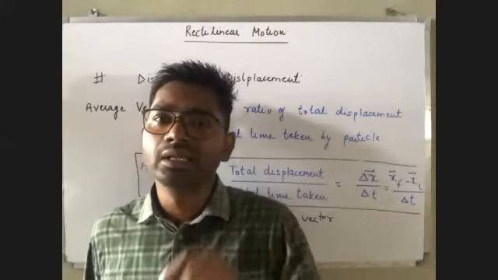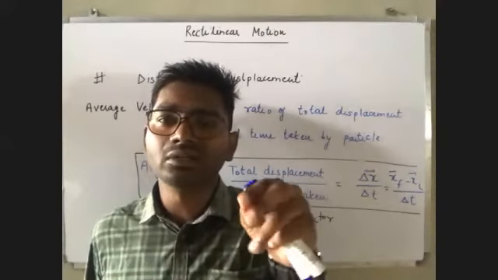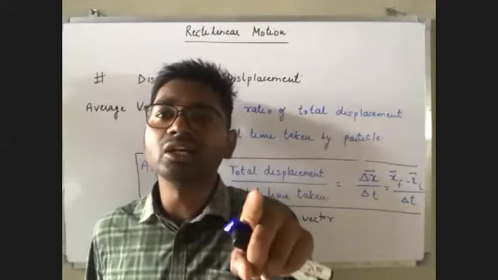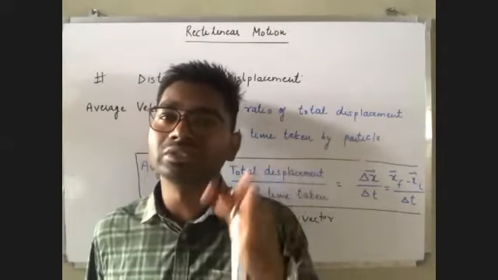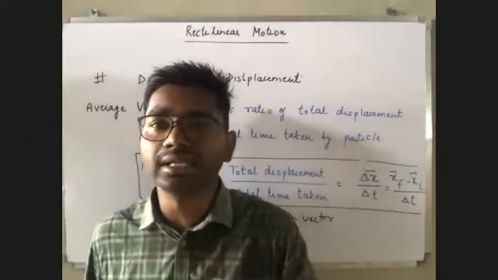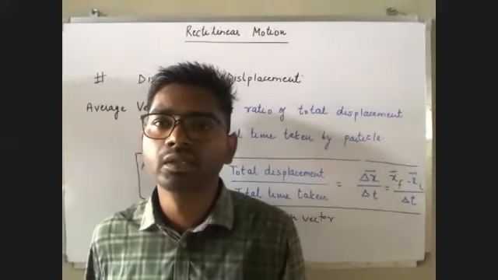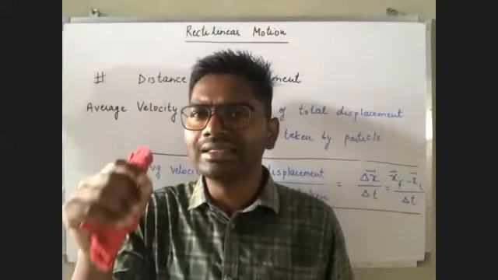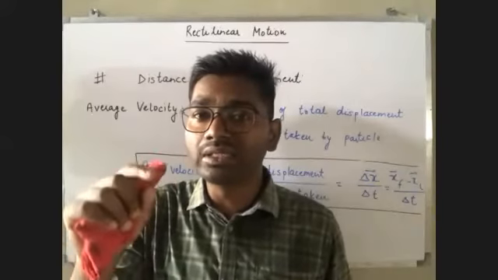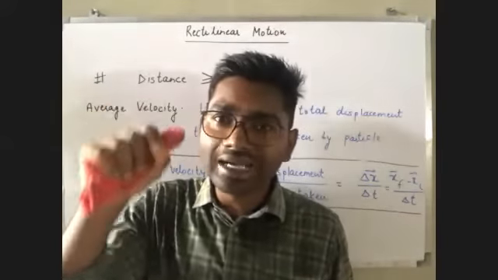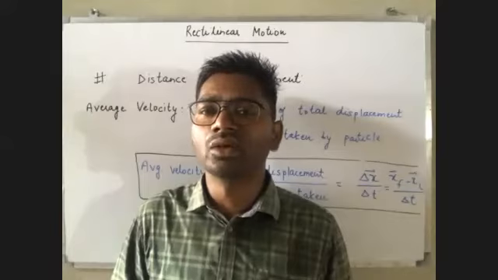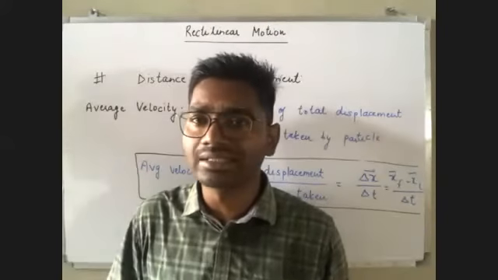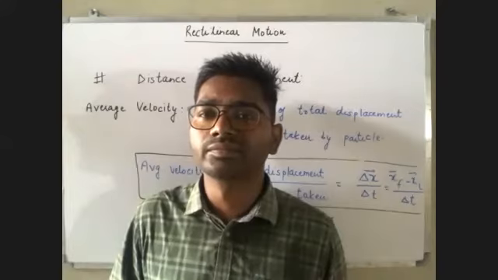Now suppose after 2-3 minutes, I once again ask. It can now have changed from 60 to 40 or 50 or something like that. So guys, what does it mean? It means that instantaneous velocity is the velocity at that particular instant. Whatever the velocity of the particle is at that moment, that is nothing but instantaneous velocity. Is it right?